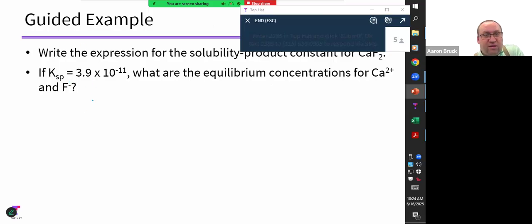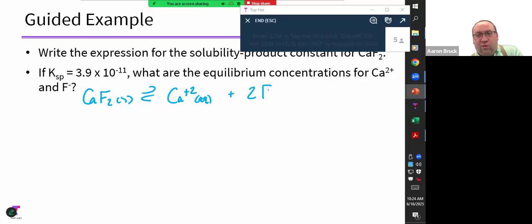So the first part, the expression: calcium fluoride in the solid phase would be in equilibrium with calcium ions in the aqueous phase and 2 fluoride ions in the aqueous phase. The value of KSP would be equal to the concentration of the calcium ion multiplied by the concentration of the fluoride ion.